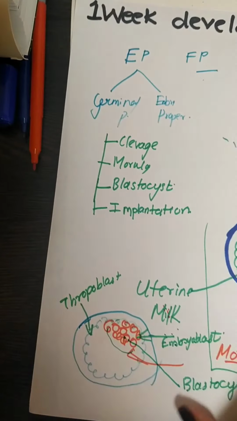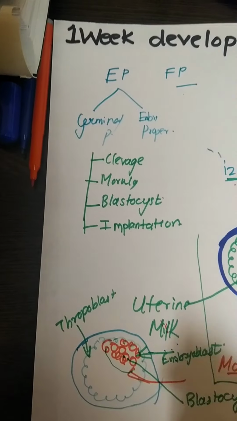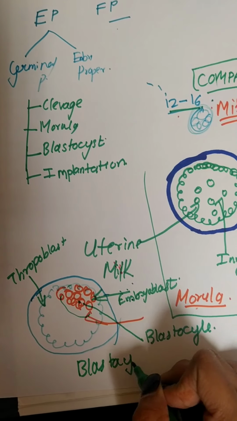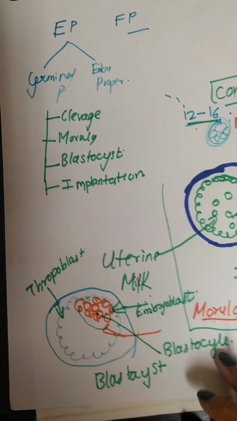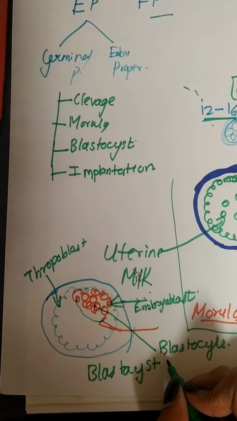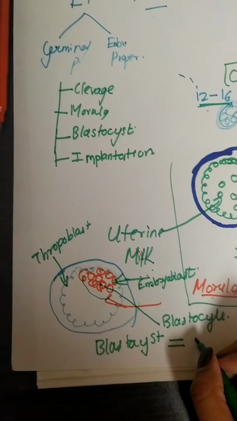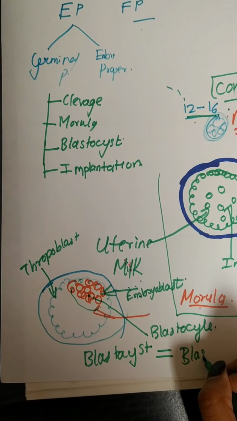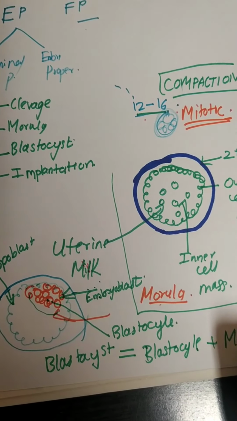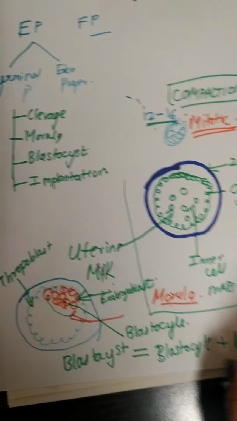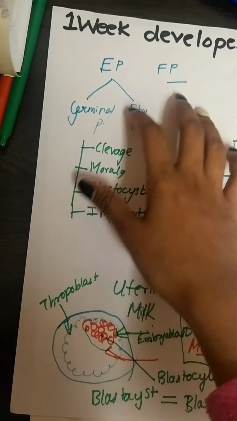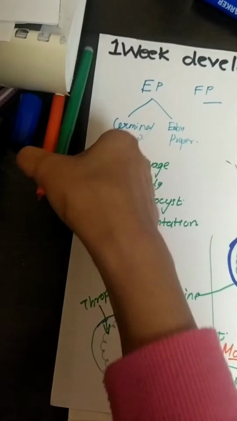So what is a blastocyst? This is basically your blastocyst. The blastocele plus the morula is what we call a blastocyst. What is next?